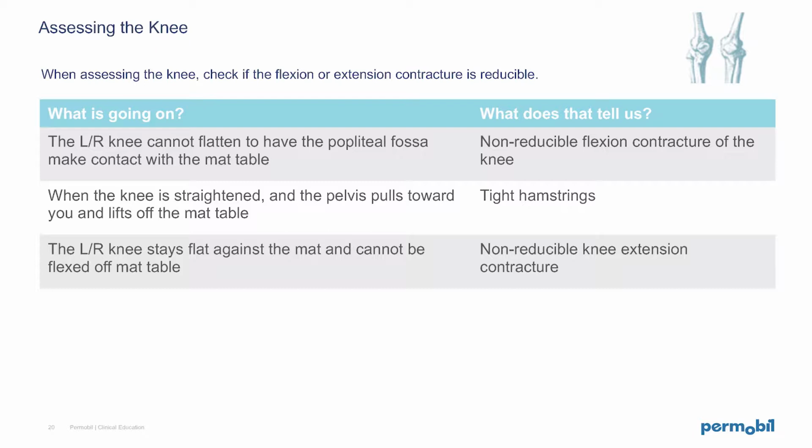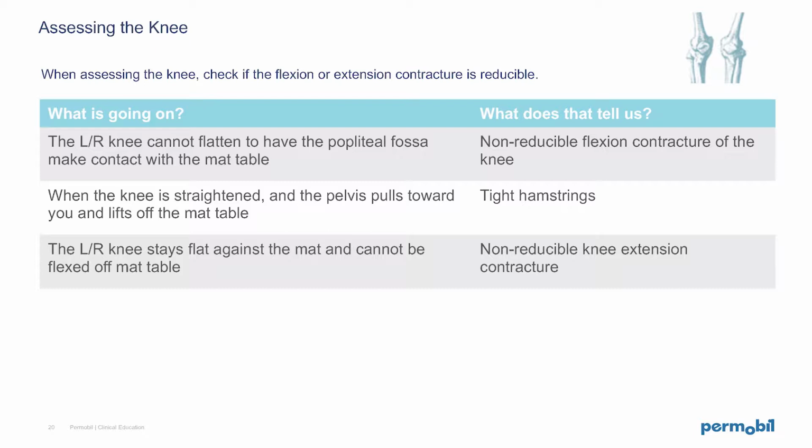Another tip is that when you're passively trying to straighten the knee out, if that pelvis also pulls toward you and lifts up off the mat table, then this is an indication that you're dealing with very tightened hamstrings, because that hip and that knee and that pelvis are all working as one unit. Those tightened hamstrings are pulling the ITs of the pelvis, so you will probably then have to accommodate for that by opening the seat to back angle in the chair.